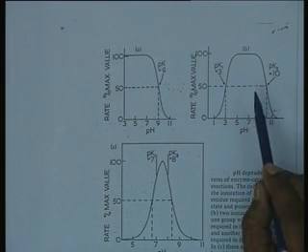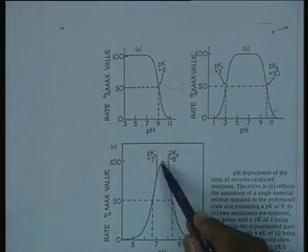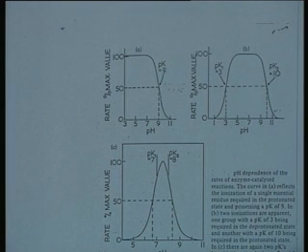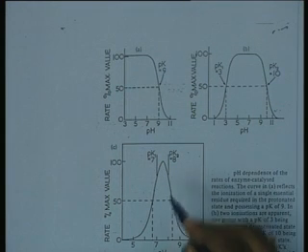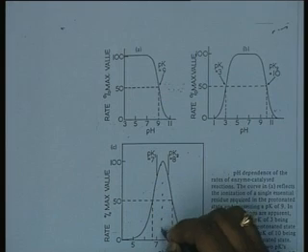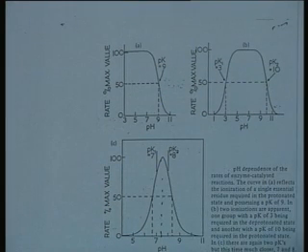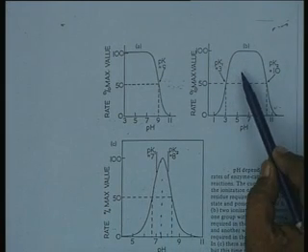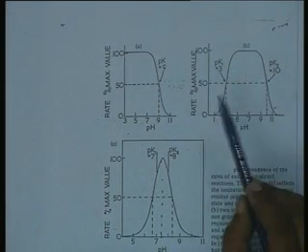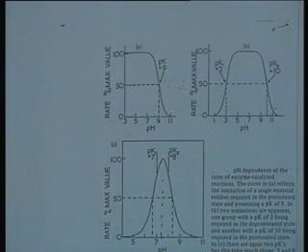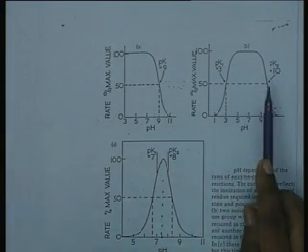Most commonly you may end up getting a profile with a very sharp maximum, and we are very often familiar with the terminology bell shaped curve, with a very sharp pH optimum at the peak. Essentially, such a situation is a special case of this broad profile, in the sense that here the pK values of the 2 ionizable groups are far apart, one at 3 and the other at 10.